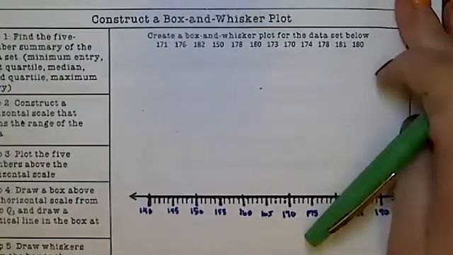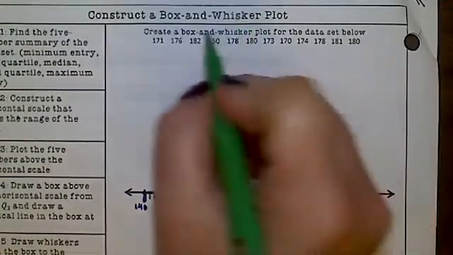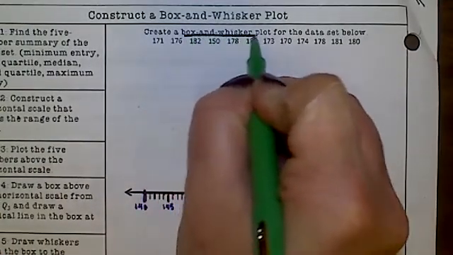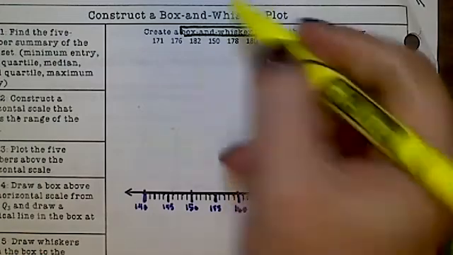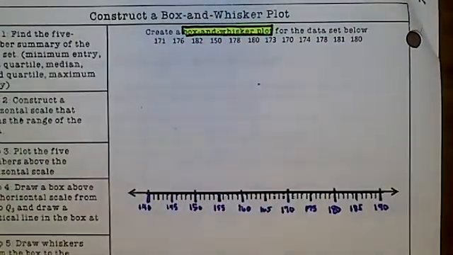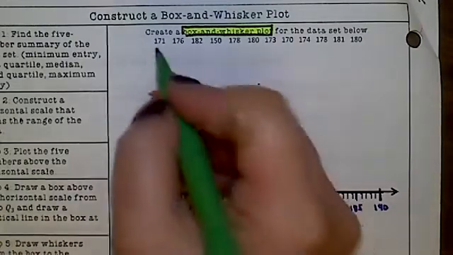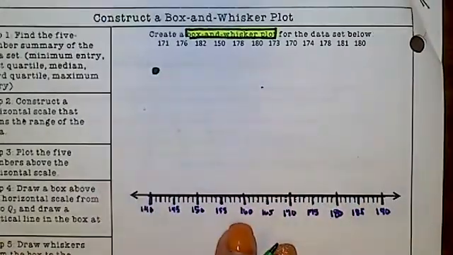I want you to go to the very back page of the notes, or it's probably your last page. We're going to take a look at how to draw a box and whisker plot from the data that we were just working with. Before we actually draw one, I'm going to show you above this example what it would look like.